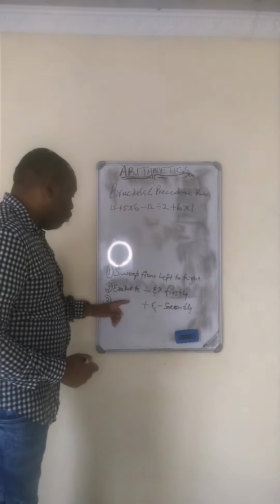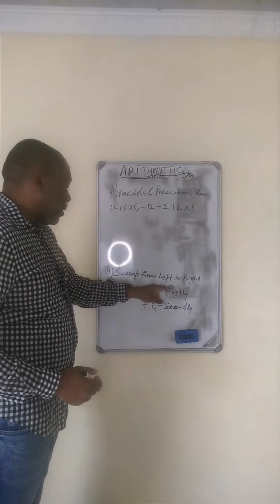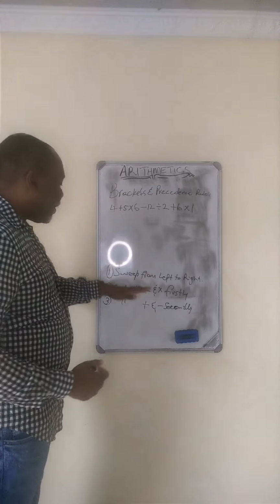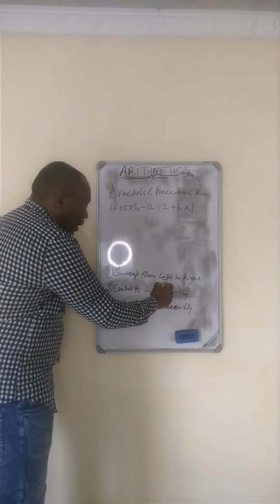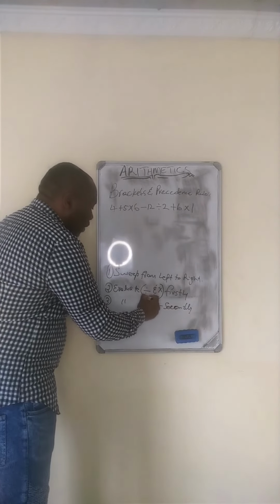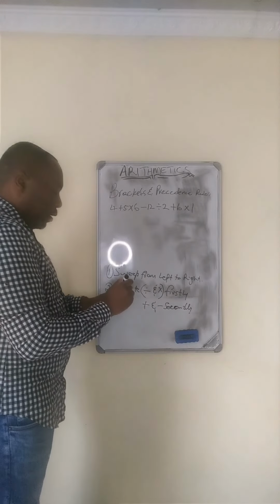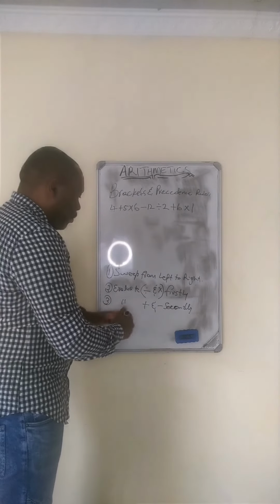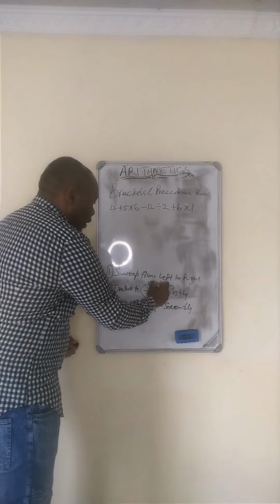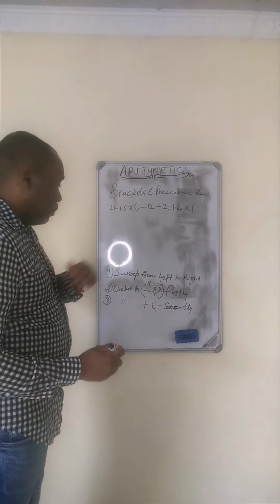And our second move is to evaluate the division and the multiplication sign first. Whichever comes first, it's not necessarily that it has to be division or multiplication. Any that comes first, it could be multiplication or division. Just want to clear that so that people don't get confused.